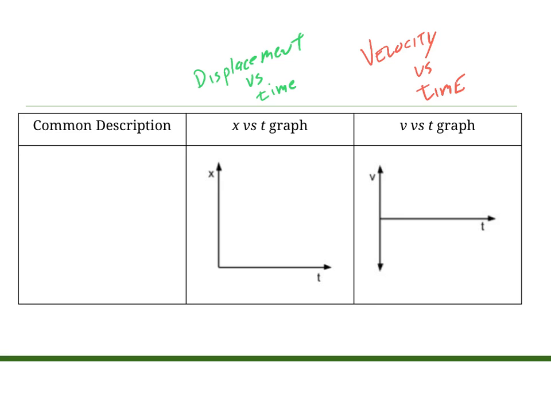We're going to use words to describe what's occurring in the scenario. So we have an object moving left at a constant velocity.